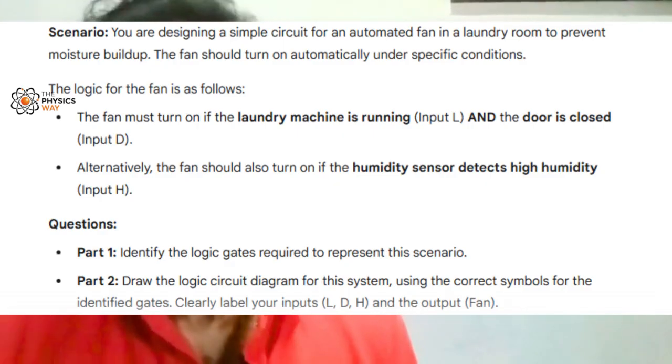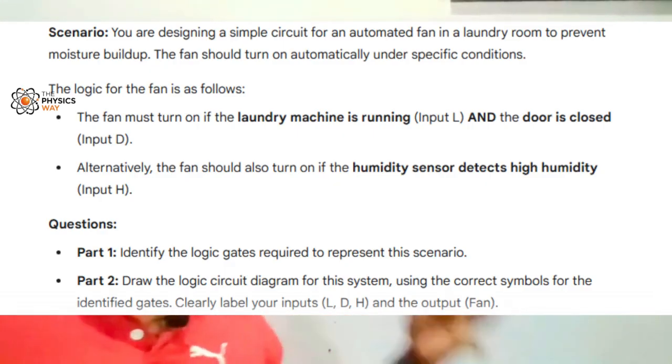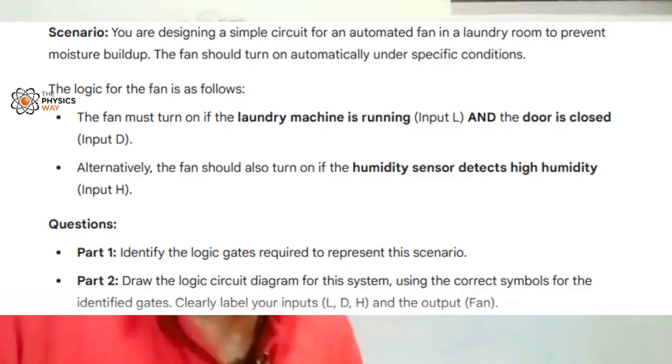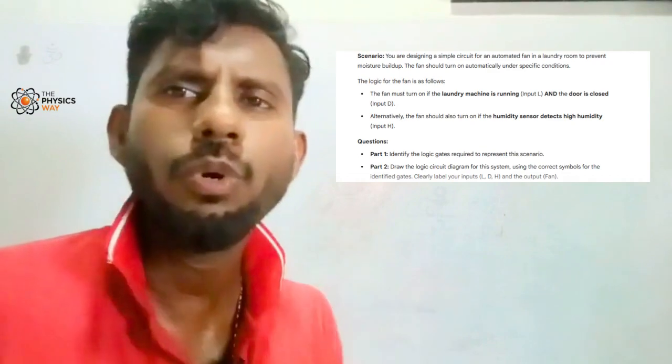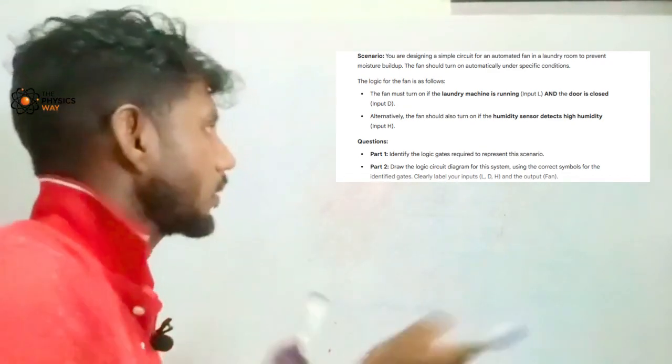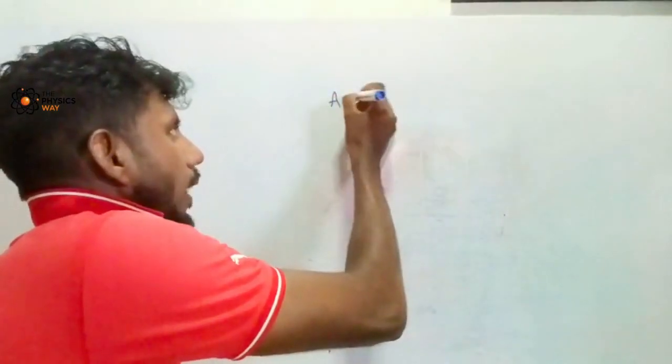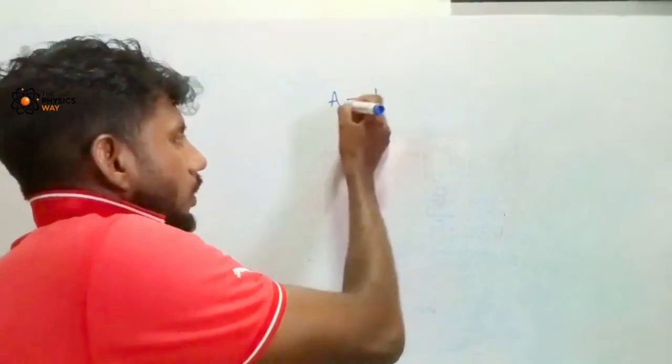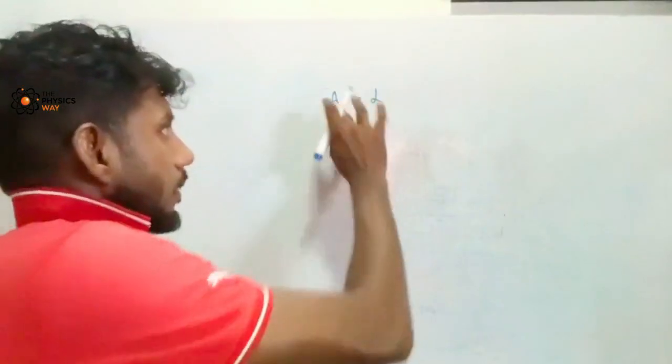Okay, right. So it's quite similar to the previous question, but I'm going to go for a different approach here. So let's write down the conditions. First one, A, laundry machine. They have given it as L, right?